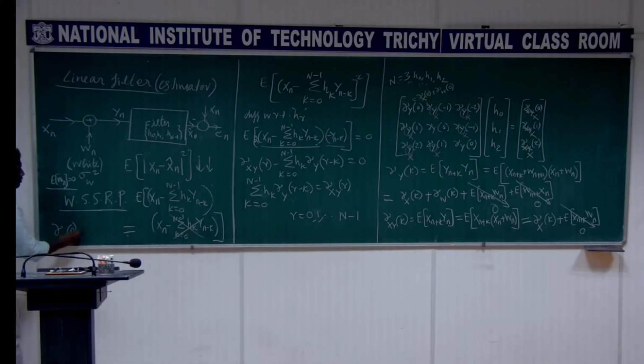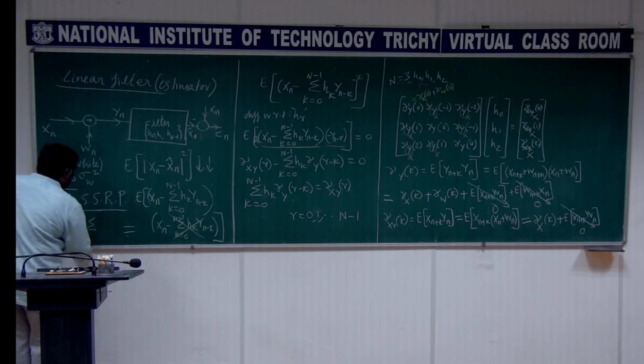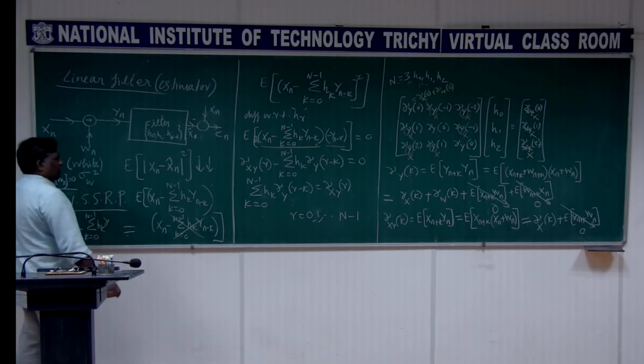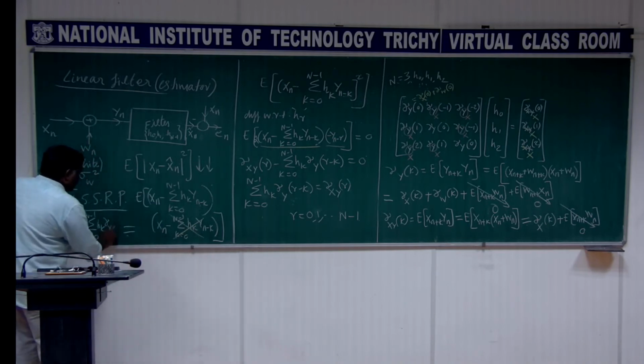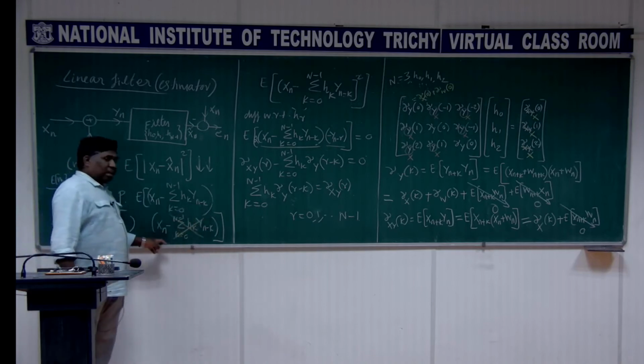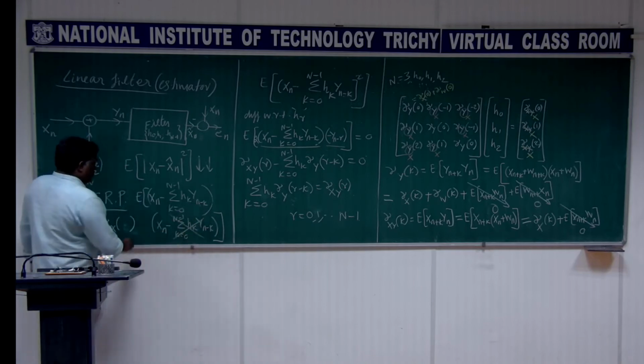you get gamma x of 0 minus the sum over k equal to 0 to n minus 1 of hk gamma yx of n minus k minus n, which is minus k.